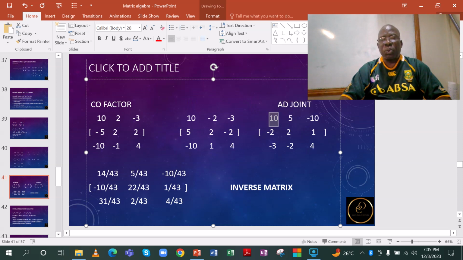For this 2, it is at a position of row 1, column 2. So to transpose it, it will go to row 2, column 1. That's why you find negative 2 here. So you swap the J and I.